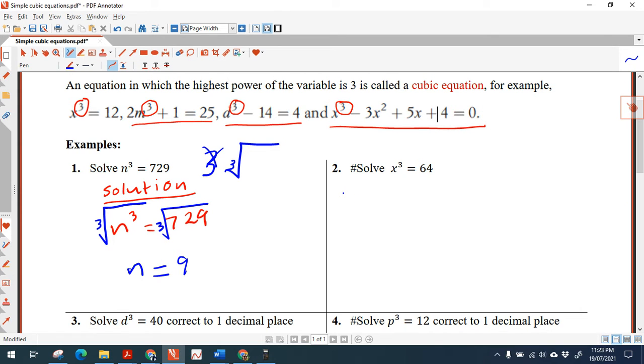All right, so now I want you to do the hashtag question. Okay, so start off with x cubed equals 64. And let's do the cube root both sides.